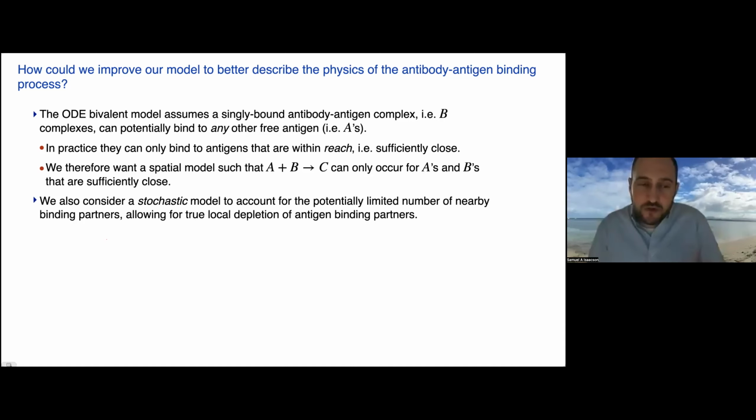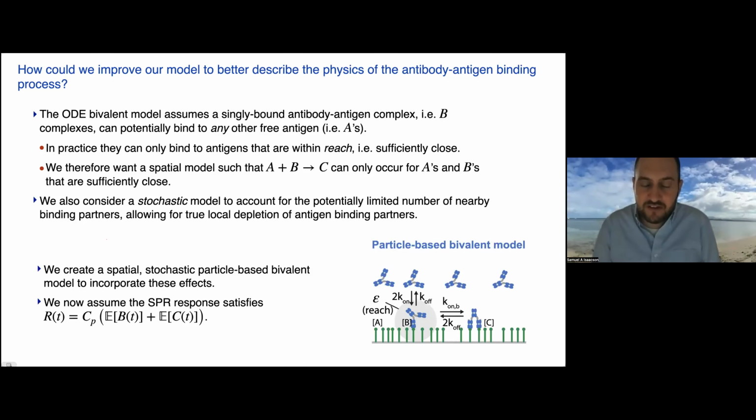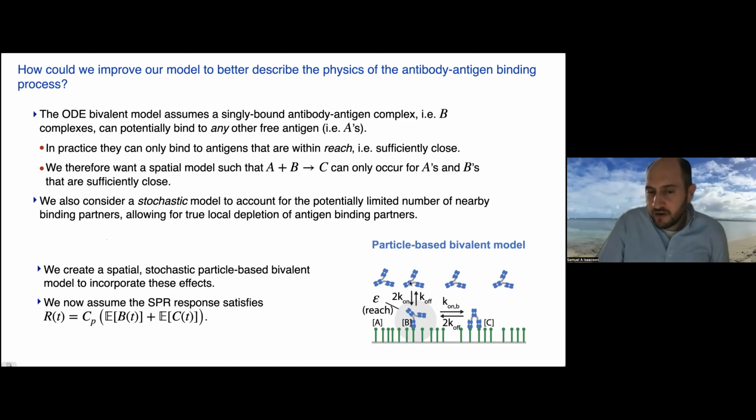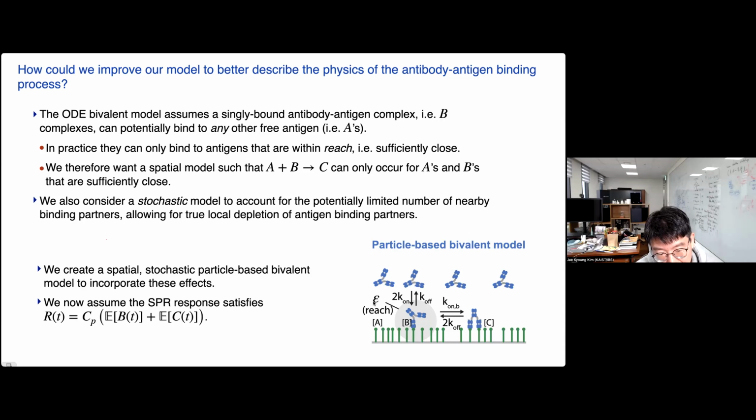So because of those two effects, we decided to build a stochastic particle model of this experiment and use that to fit to the SPR responses. Nice. And so now the picture looks like this. Your antibodies come on and bind, and now they still can bind with some second rate, but they can only bind to antigen that are close enough, i.e. they're within reach, and we'll call it reach epsilon.